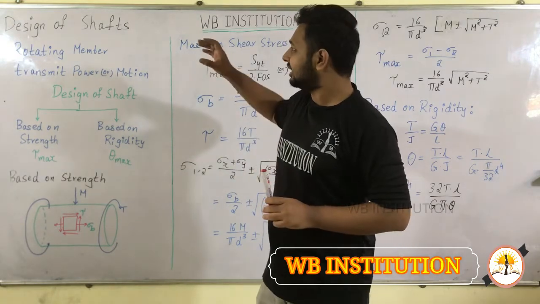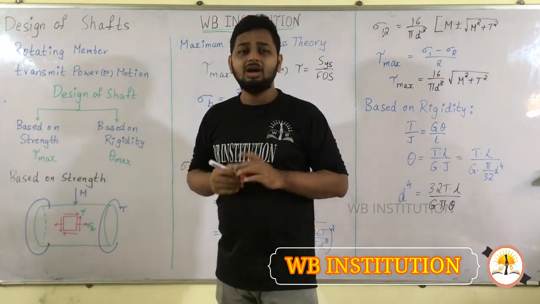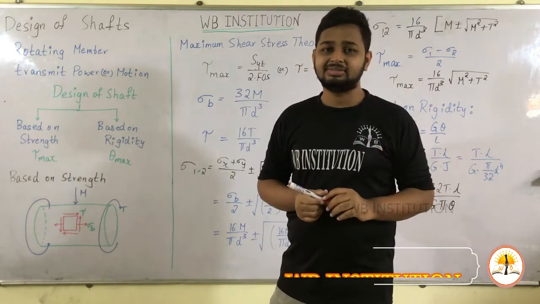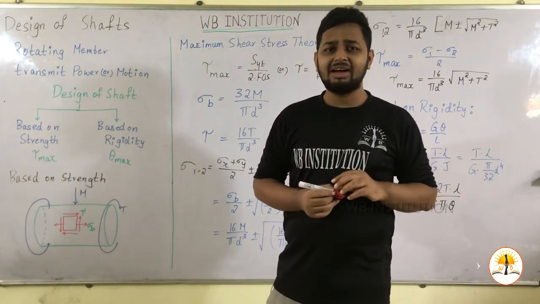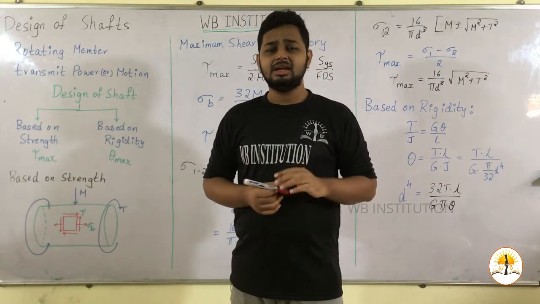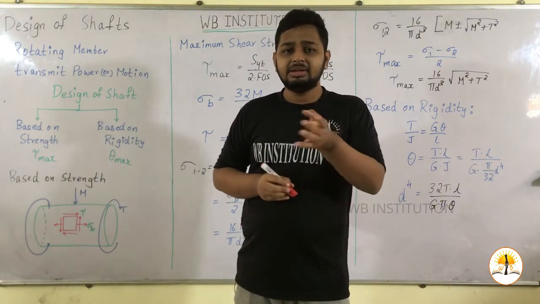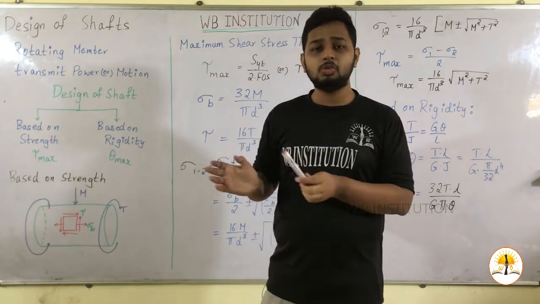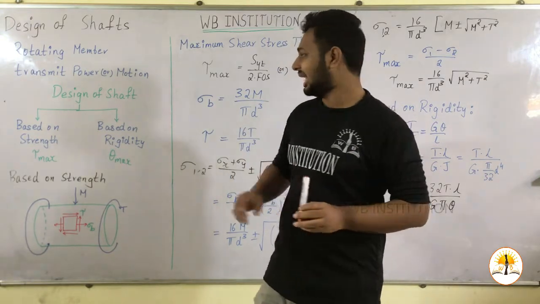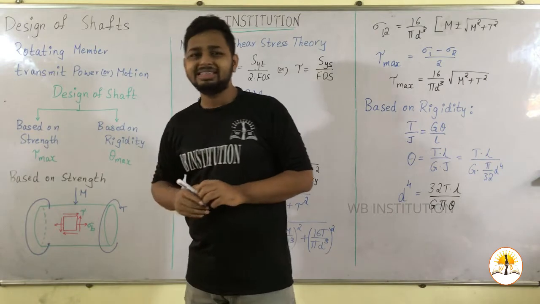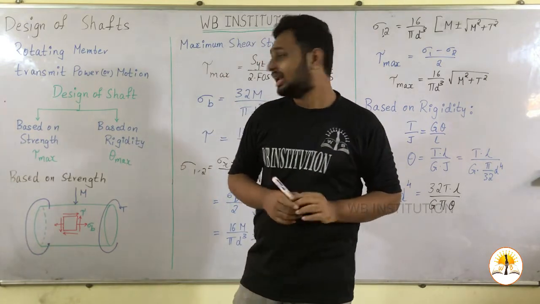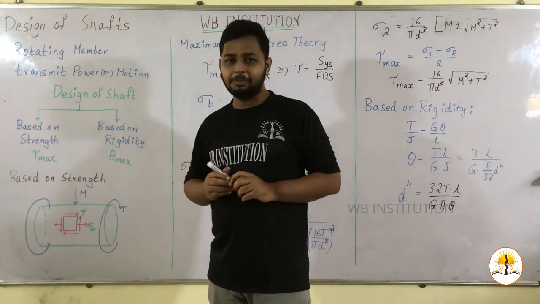Now, in the design of shafts, when designing the shaft we mainly have to find the diameter of the shaft. That is done on the basis of two classifications: one is based on strength, and the other is based on rigidity.